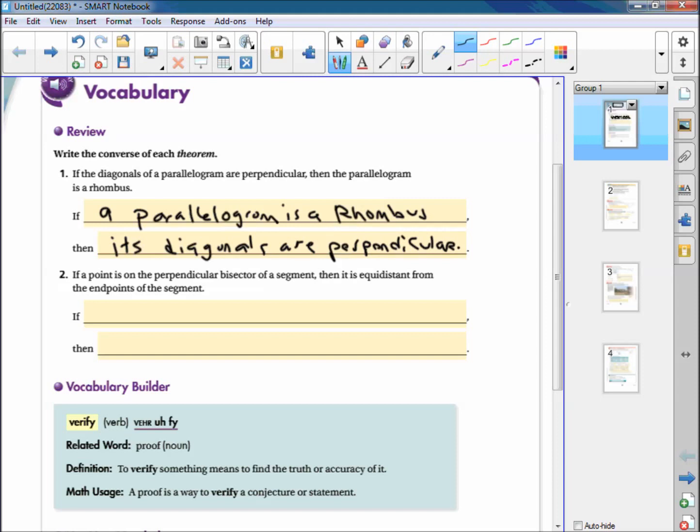All right, and our second one, if a point is on the perpendicular bisector of a segment, then it is equidistant from the endpoints of the segment.